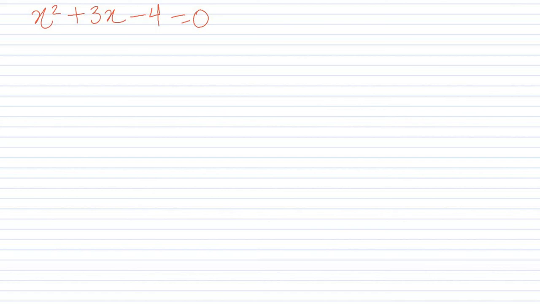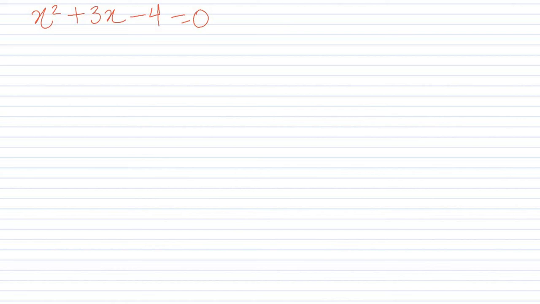For the factorization method, we focus on what 2 values, when we multiply them together, give us -4, but when we add them up, give us +3. We can do that by working out which 2 values multiply to give -4.